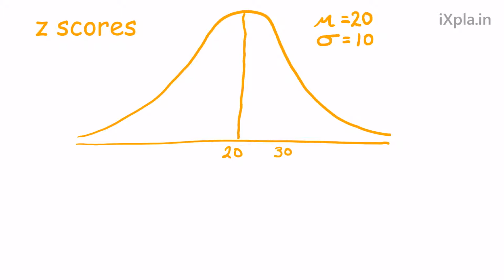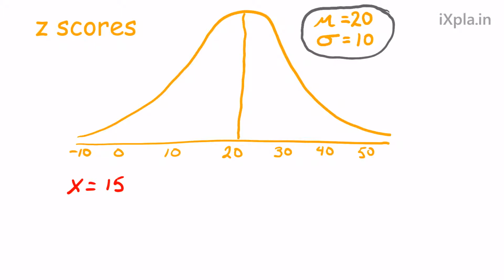Then one step up from that is going to be 20 plus 10, which is 30. One step up from that is 40. One step up from that is 50, and then I can do the same thing going the other way. So now I have a raw score number line under this normal curve. And the reason why I can fill those specific values in is because I know the population standard deviation and the population mean.